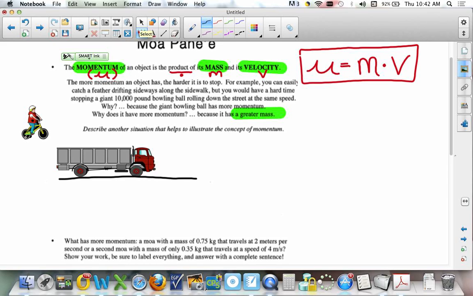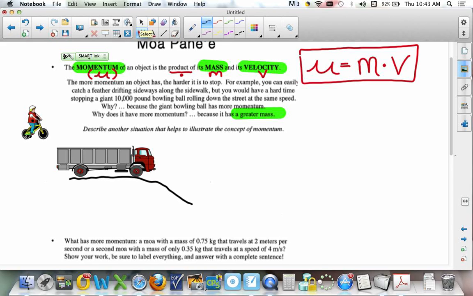The answer is no, it wouldn't have any momentum because it's not moving, so the velocity is equal to 0, right? If it's not moving, 0 times the mass, even though it's a huge truck, would be 0, so the momentum would be 0.